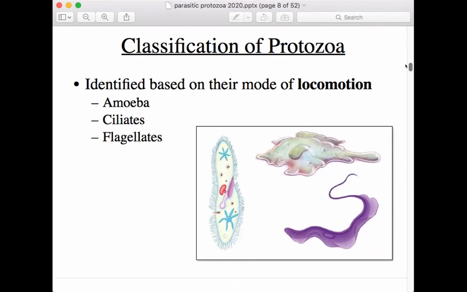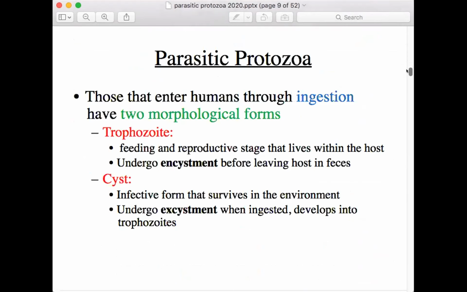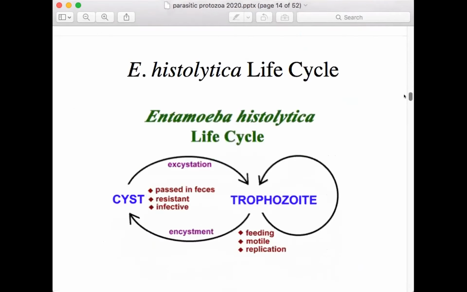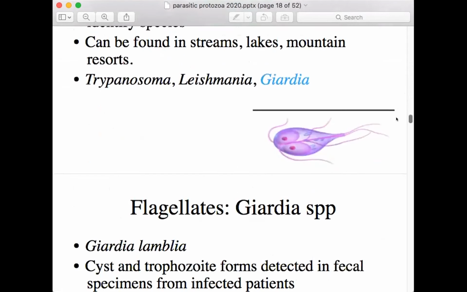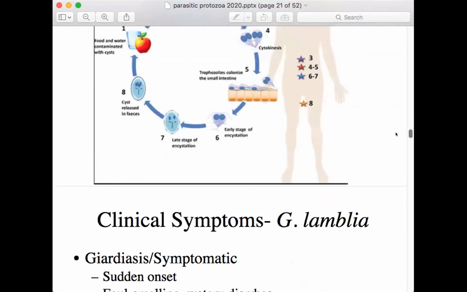We're going to expand our conversation a little bit today and talk about another group. We talked about identifying parasitic protozoa based on those that are ingested, and the two morphological forms that we can find those in. So today, you did have a homework assignment.